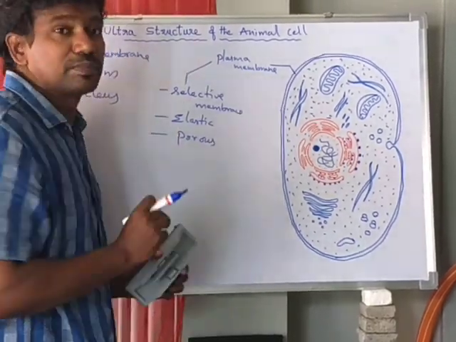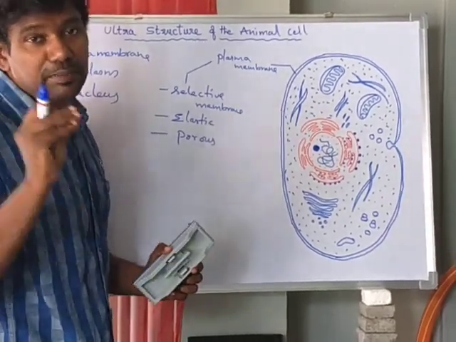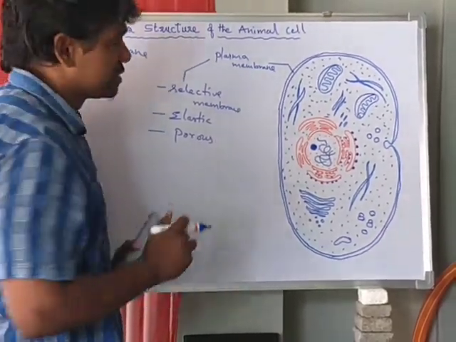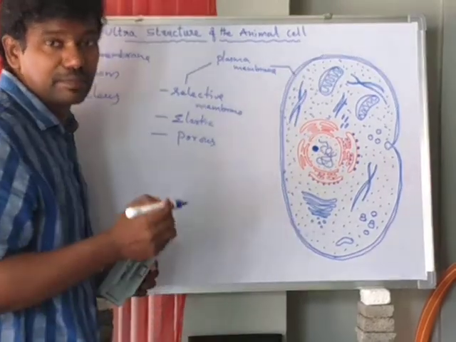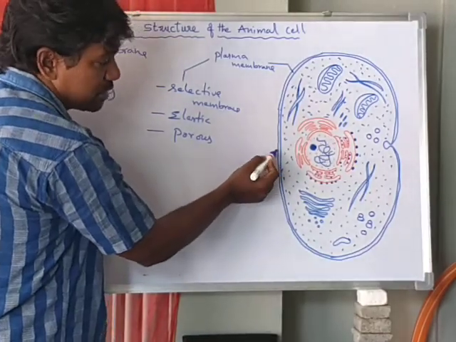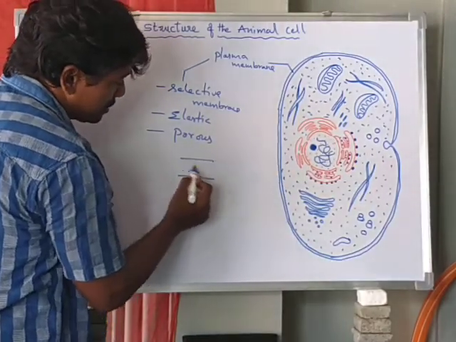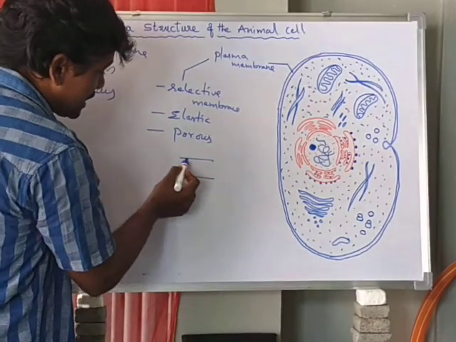Generally the plasma membrane is a unit membrane. It is also called a double unit membrane, because the plasma membrane is a double layer membrane. So two layers are present, and each layer is 100 angstroms in thickness.